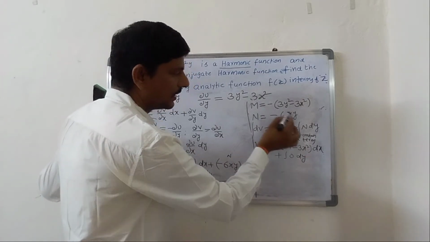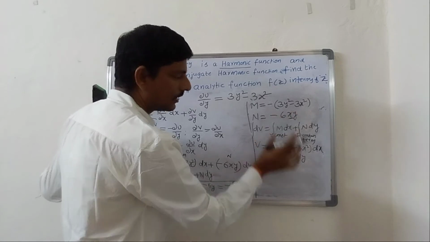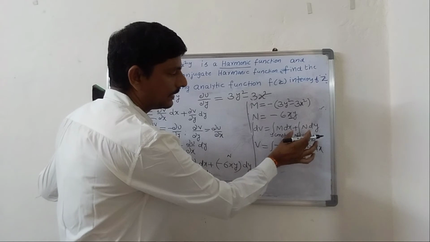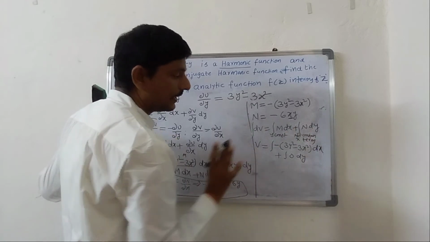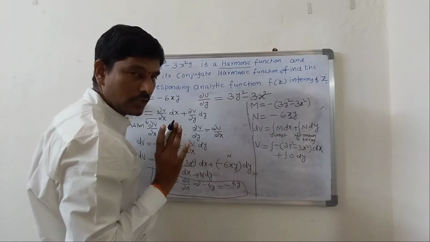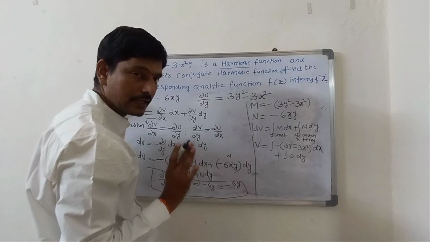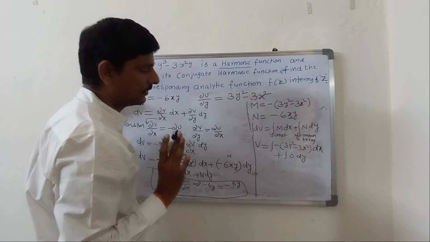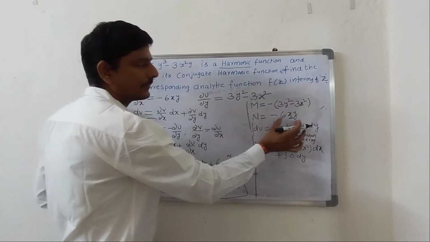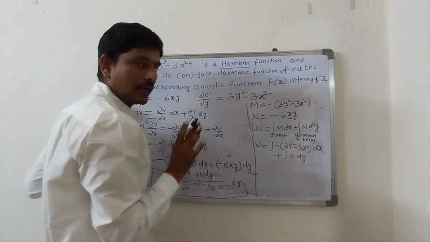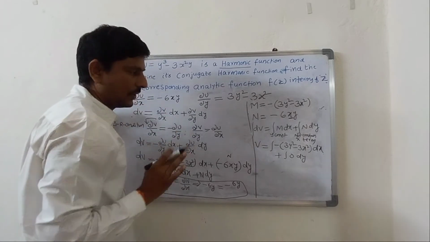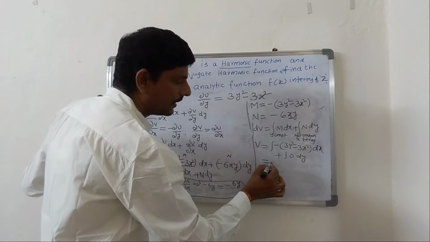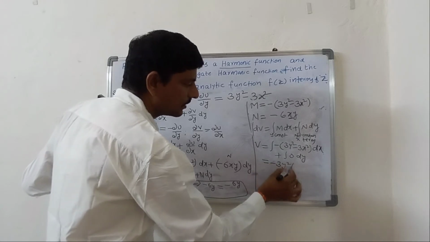Clear? If there is any x term, we are not allowed to take that term in the place of n, because it is integration of n dy with terms not containing x. So we should allow only y terms alone or constants. If an x term is along with y, then we are not allowed to take that term. Please remember this point.